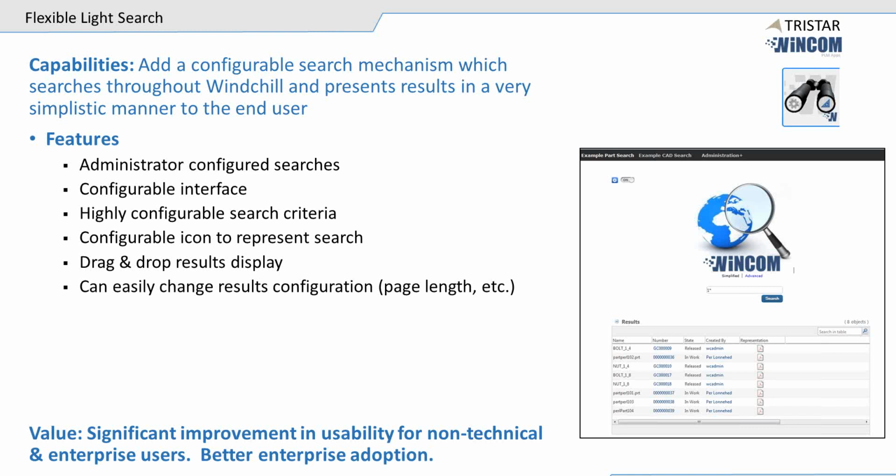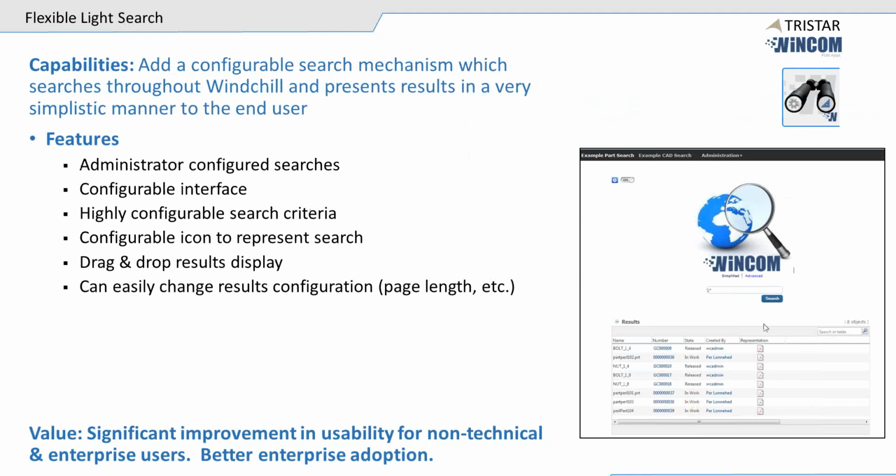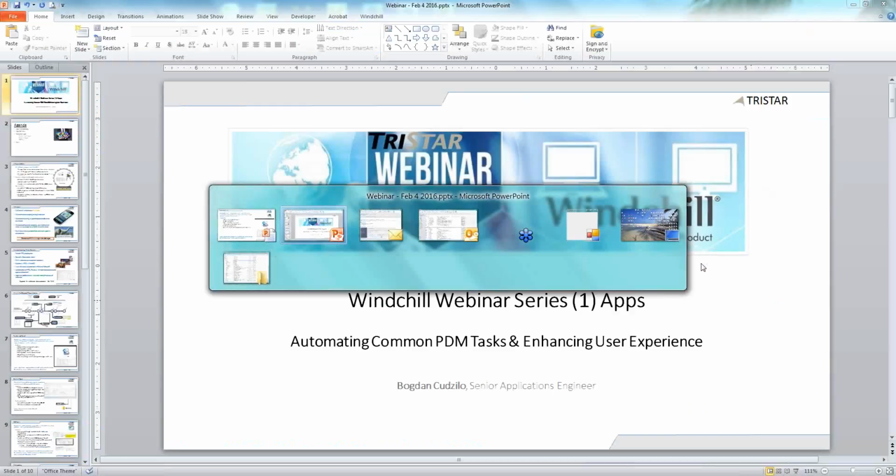But I can also set this up for other departments: quality, sales, purchasing, field service, manufacturing, that will allow them to have their own search, and the results that come up will only be applicable to them.